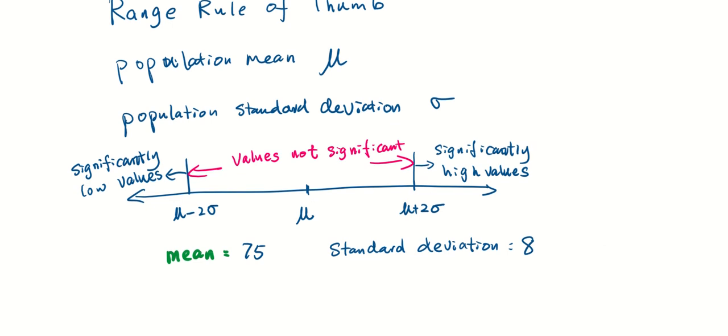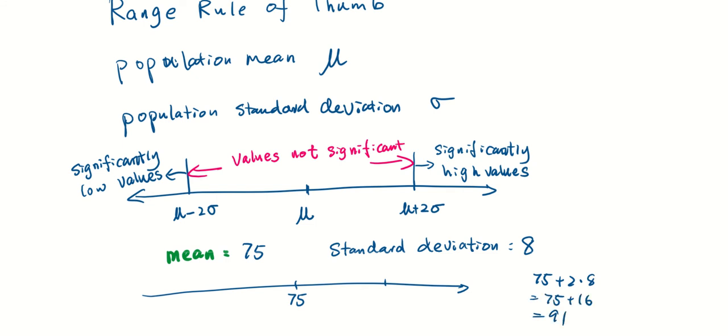Right, so in this case, any values that is 2 standard deviations above 75 will be considered significantly high values. So 75 plus 2 times 8, that's 75 plus 16, that will be 91. So any scores above 91 is considered significantly high.